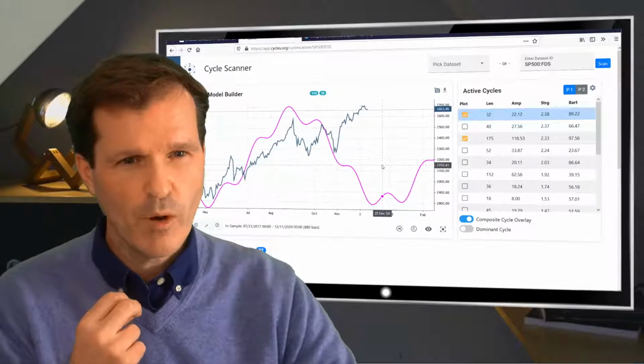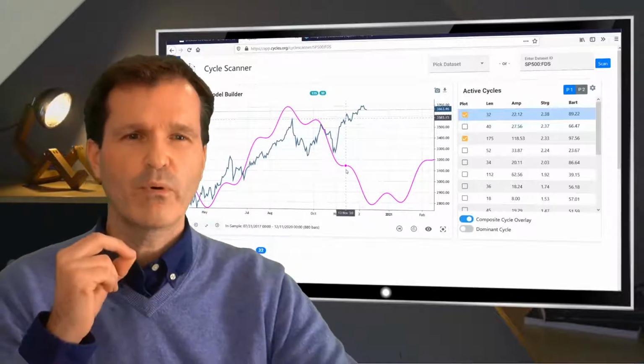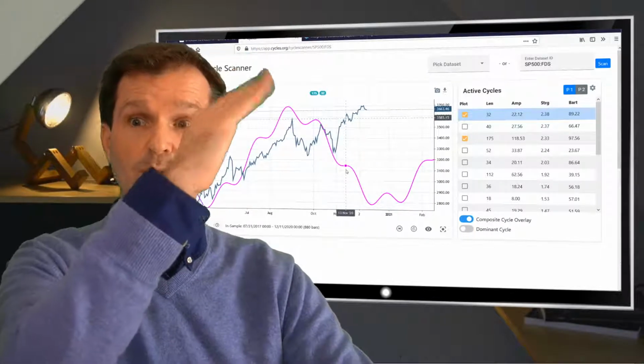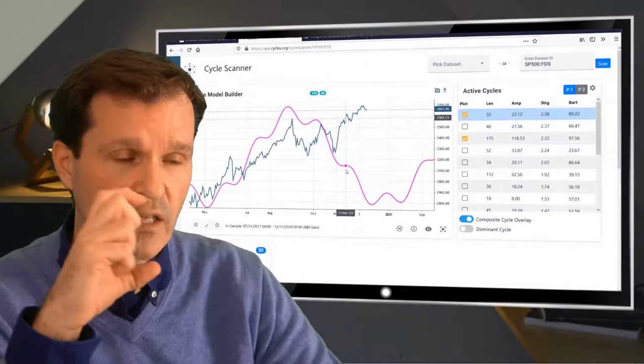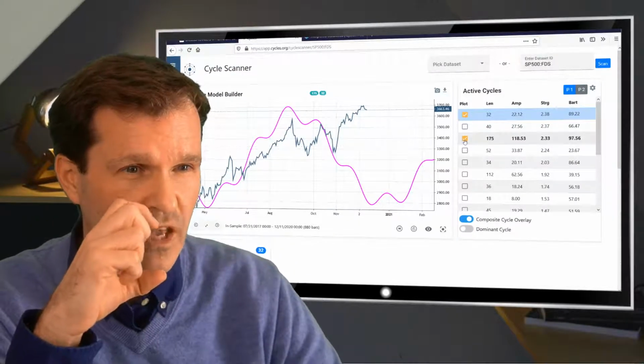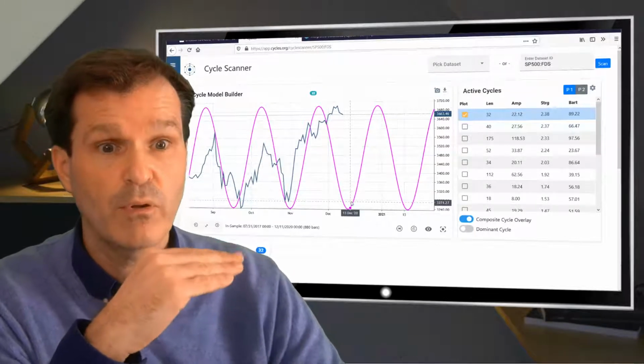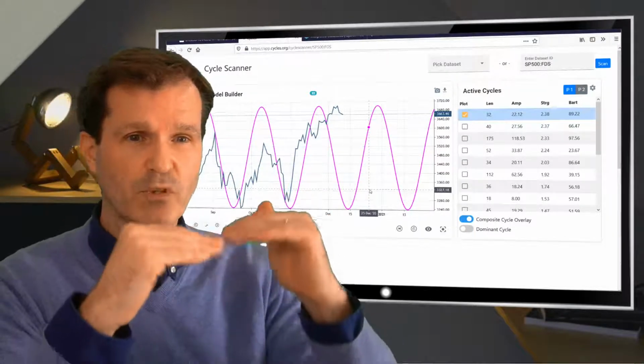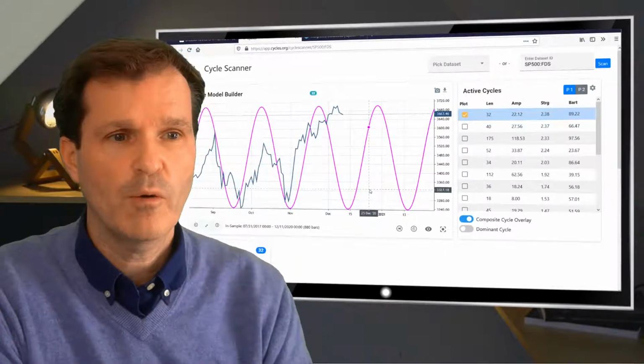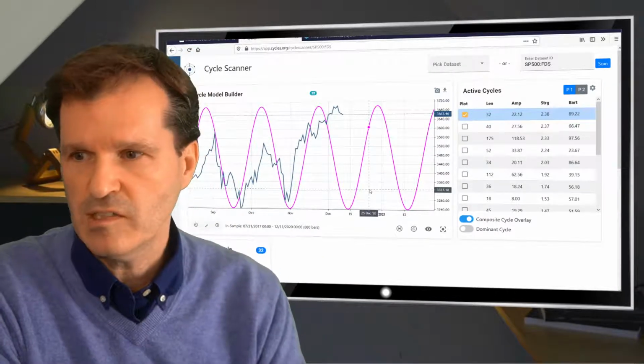This composite cycle forecast does not project price movements upward or downward in regards to the amount of price movement. Therefore, it's often very helpful to look at the single plot of a cycle and then check both cycles compared to each other to see if the phase is in alignment.